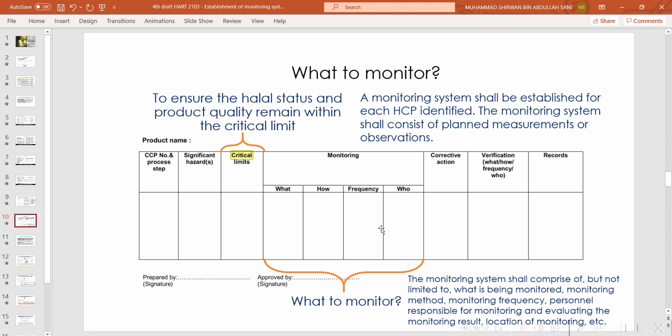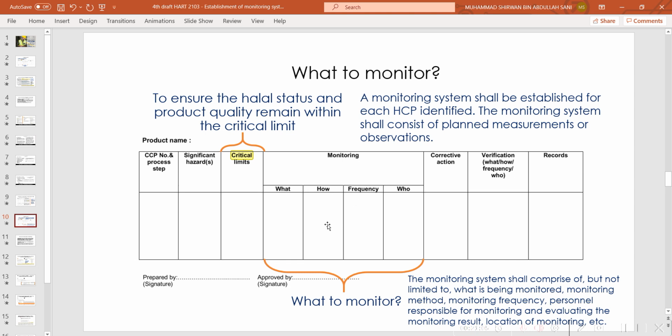Another example, if you have an ingredient and the hazard is the possibility of the ingredient not having a halal certificate, you have to monitor the halal certificate validity and the halal certificate genuineness, right? So that is the what column.